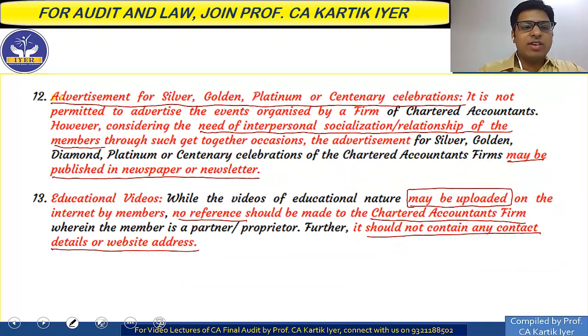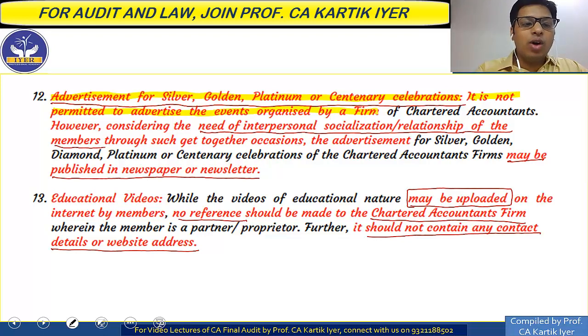Next, let's see this: advertisement for silver, golden, platinum or centenary celebration. So that is 25 years, 50 years, 75 years, 100 year celebrations. So what they are saying is, can a CA in practice advertise their celebration? Now first ICAI is saying that it is not permitted to advertise the events organized by a firm or chartered accountant.